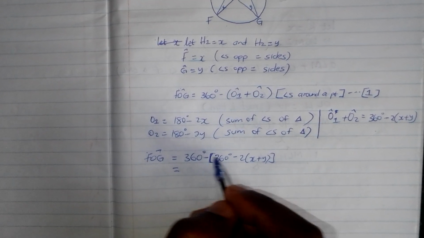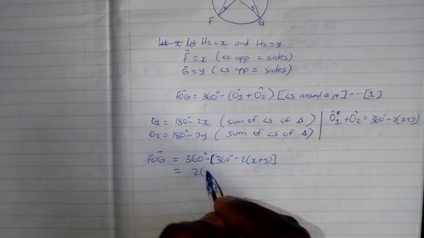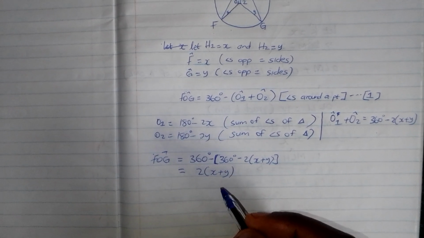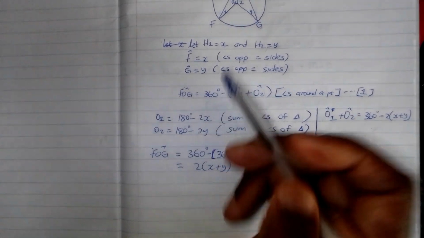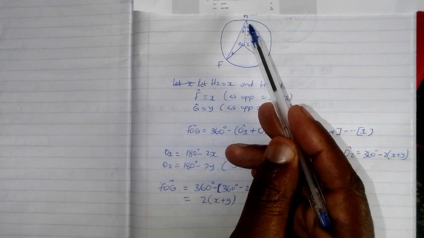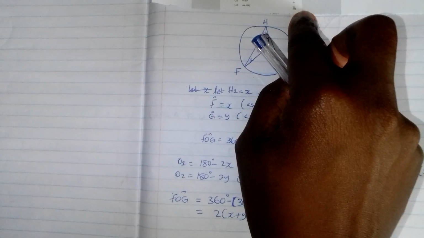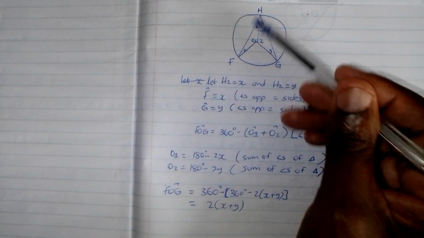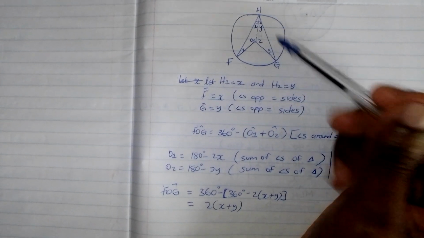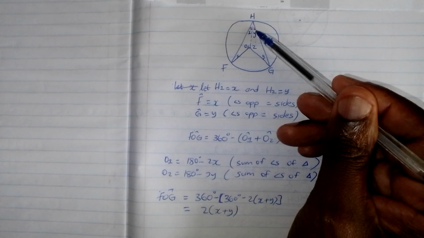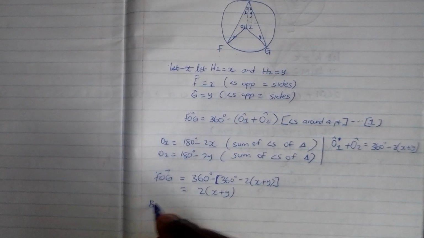That cancels out. And then we have x plus y. Now look at that. Isn't that the same as our h? Of course it is. Remember this, FHG is x plus y.